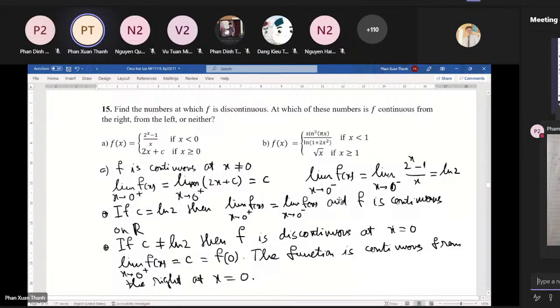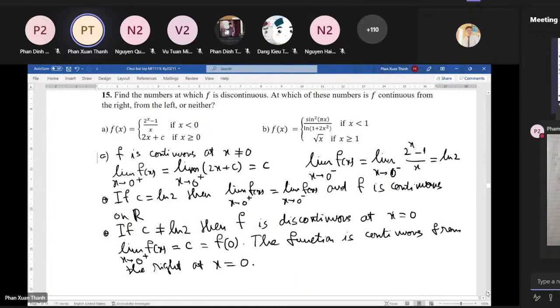We can do something similar for B. Let me give you a hint for B. What about the left-hand limits for B? The domain is the real line, but the point of interest is x equals 1.